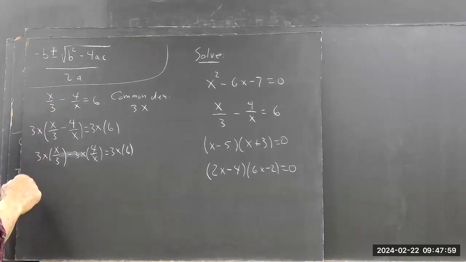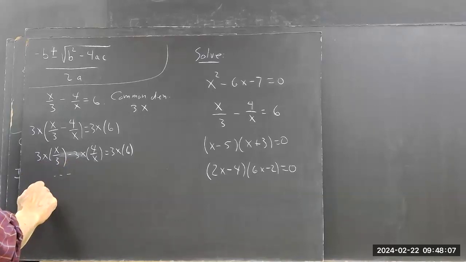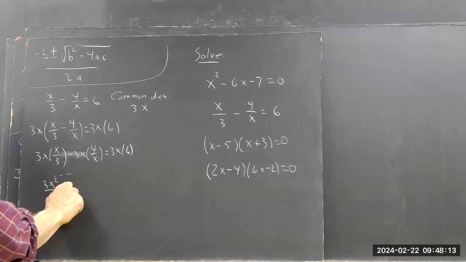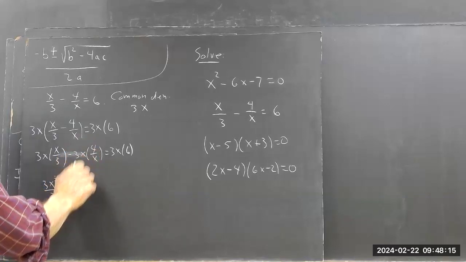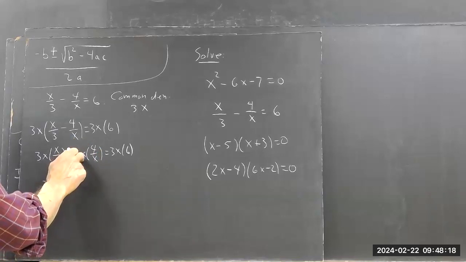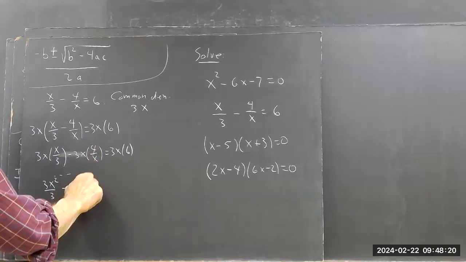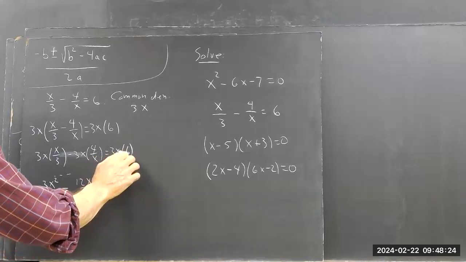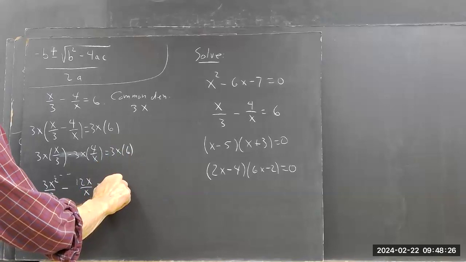Okay. Now, you're going to end up with a 3x squared in the numerator and a 3 in the denominator. So I could actually write this 3x squared over 3 minus 3x times 4. Well, you multiply 3x times 4, you get 12x over x equals 3x times 6. 3 times 6 is 18.